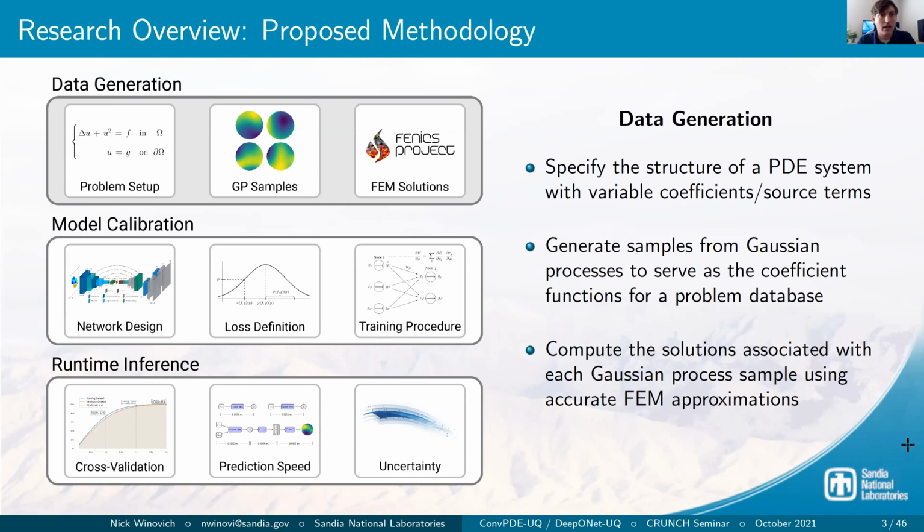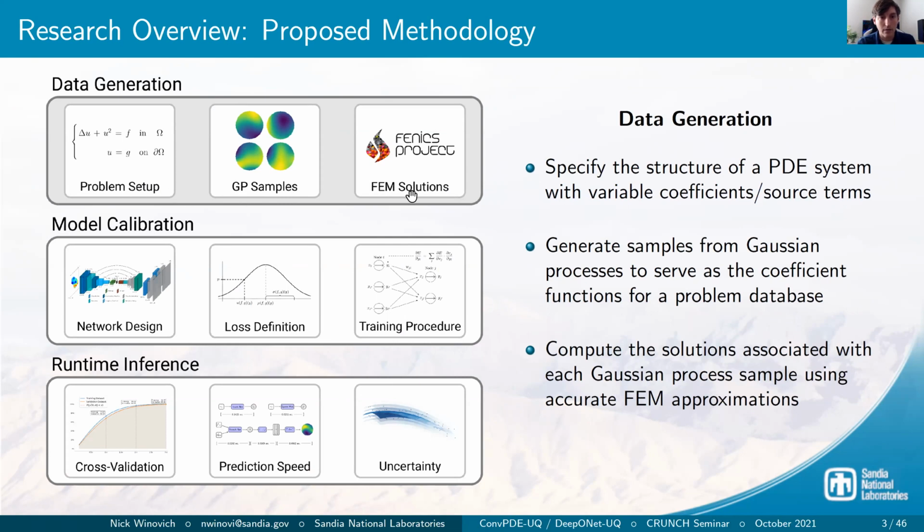But to begin the research overview, the setup for the operator network training procedure is that we're going to offload training to a one-time procedure offline by creating a database. So the data generation will consist of specifying some type of problem setup, generating data for that, and then computing the solutions.